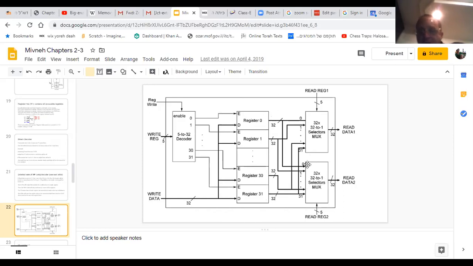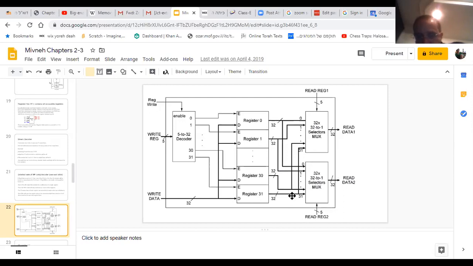Why is that? Because it could be that on this one I want to read register number 0, and on this one I read register number 31. Who knows? I've got to have the ability to read whatever register I want on this line and whatever register I want on this line. So every register has to be physically connected to this multiplexer.